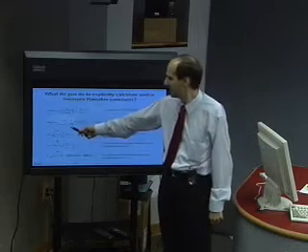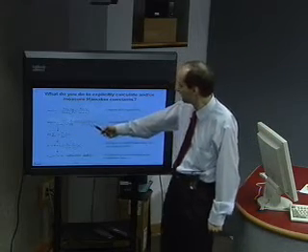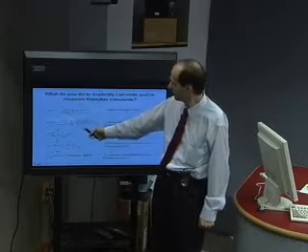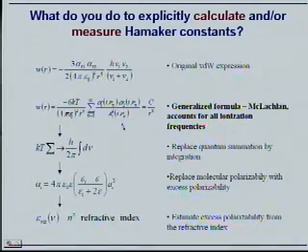If you want to understand the Hamaker, the van der Waals interactions, you have to sum up all the frequencies of all those electron orbitals, quantum states. So the real van der Waals interaction is a sum of the quantum state of all electrons in the molecule.